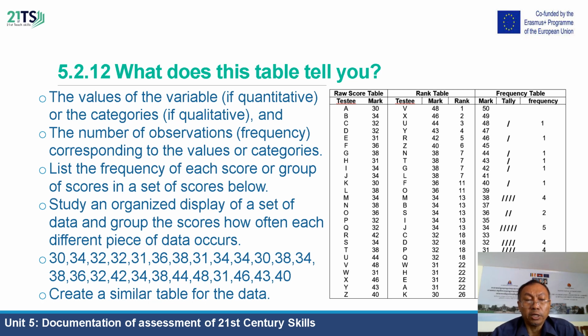After viewing the table, now you have to list the frequency of each score or group of scores in a set of scores below. Study and organize the display of a set of data and group the scores by how often each different piece of data occurs. Create a similar table for the data here.